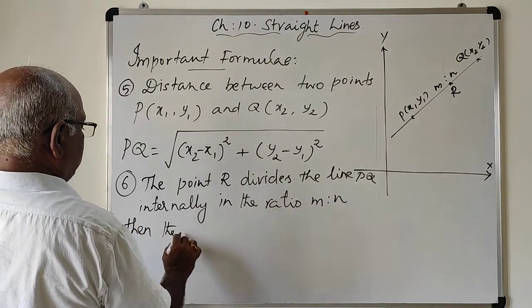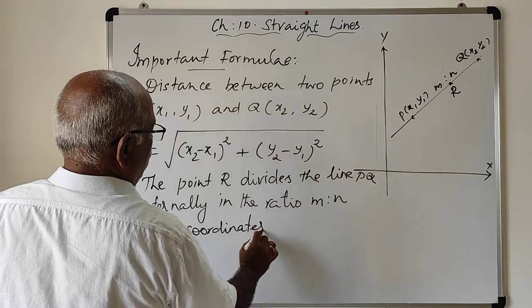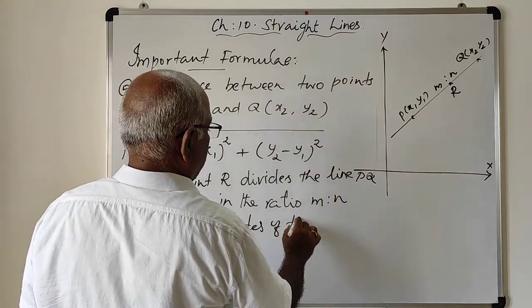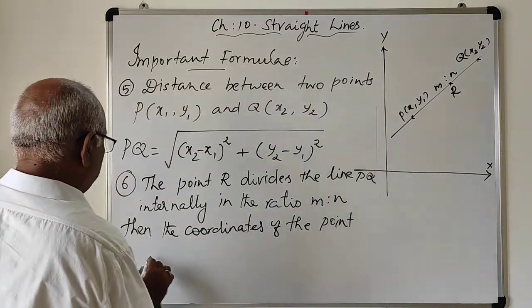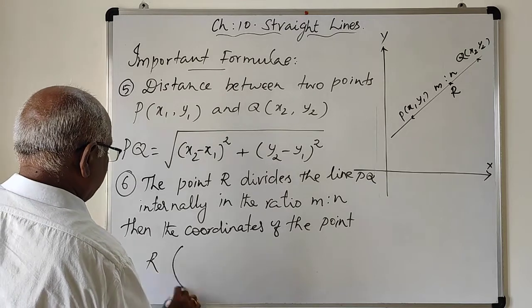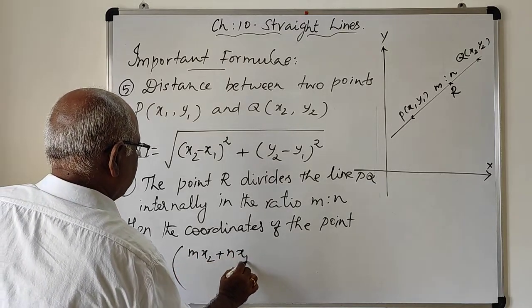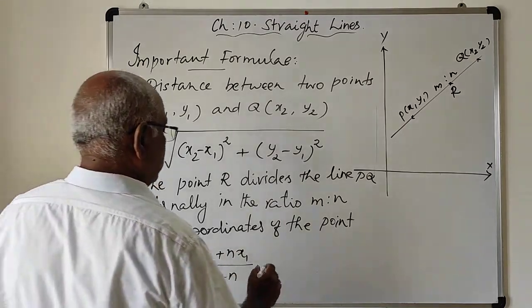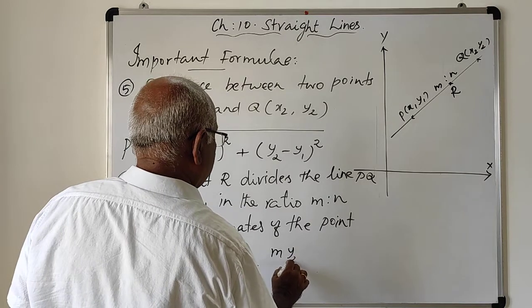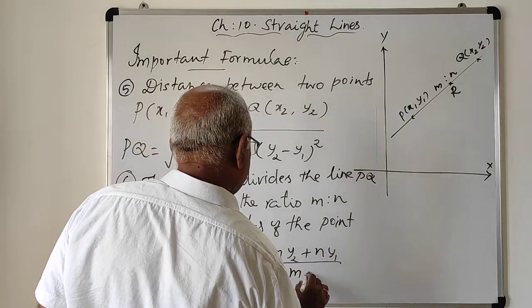Then the coordinates of the point R is (mx2 plus nx1) by (m plus n), comma, (my2 plus ny1) by (m plus n).